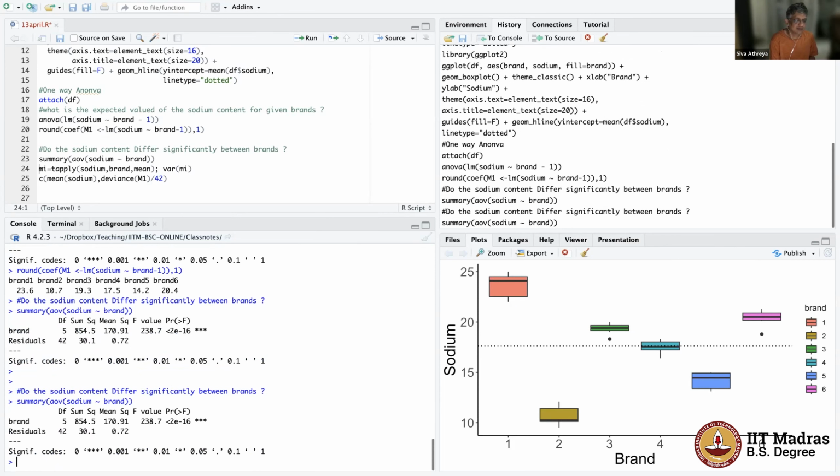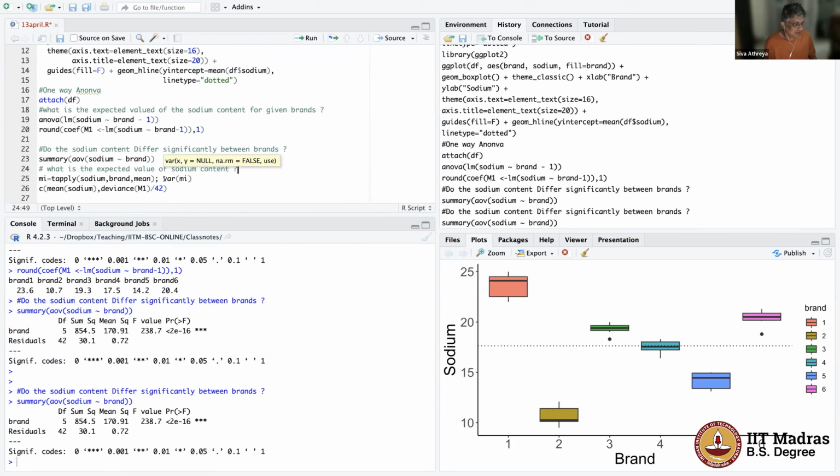So then the next thing one can do is see the next question which I asked: what is the expected value of sodium content? So what I did here was I just applied the mean function across brands, and I computed the variance as well.